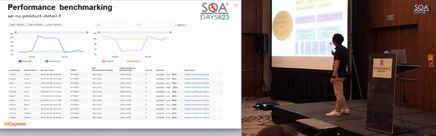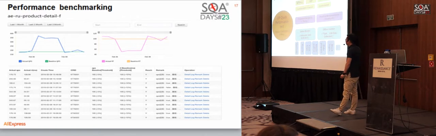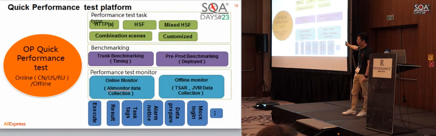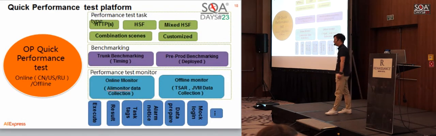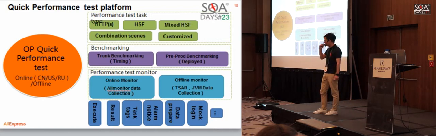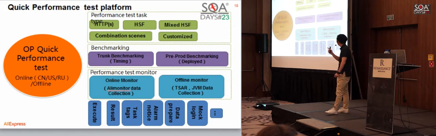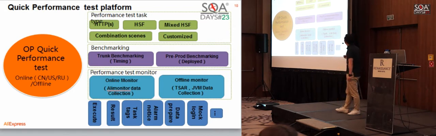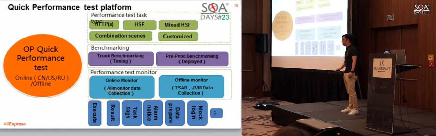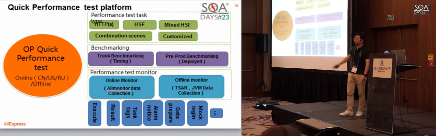And we also have a quick performance test platform. On this platform, we can run the performance test with one button click. It's very cool. Only one button click. We support many protocols: HTTP, HSF, mixed HSF, combined scenarios, or customized performance test scenarios.